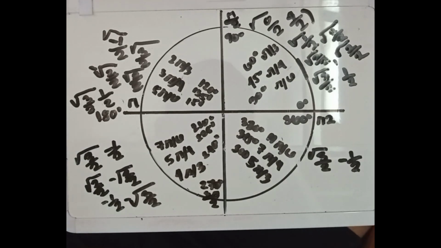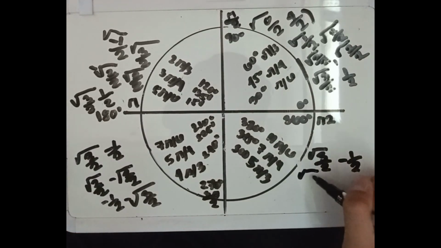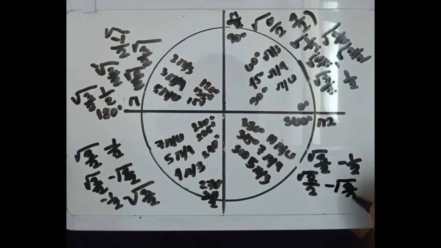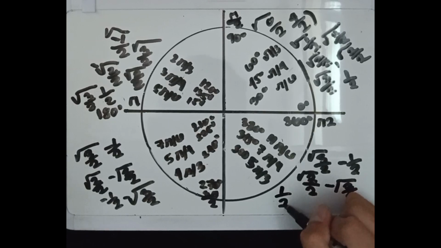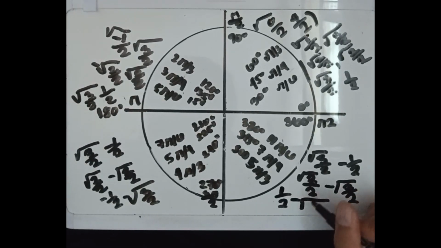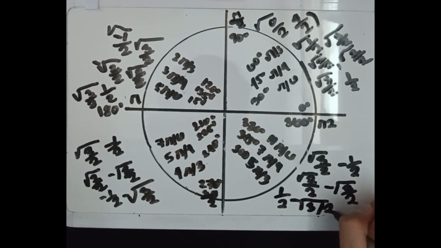The x and y coordinates of 315 degrees, 7 pi over 4, are square root of 2 over 2 and negative the square root of 2 over 2. Then the last one, the x and y coordinates of 300 degrees, 5 pi over 3, are 1 over 2 and negative the square root of 3 over 2.